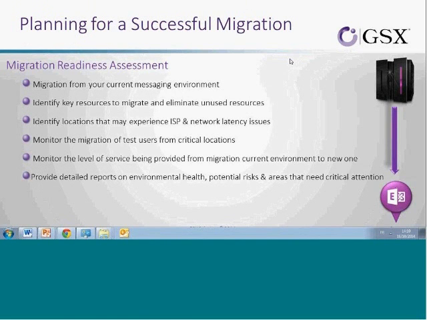So what's needed for planning a successful migration? The very first thing is obviously to identify the key resources to migrate and eliminate unused ones. You need to identify what the fan mailboxes are, for example, or if you migrate some Notes applications, you will need to identify which ones are not very used and don't need to be migrated.